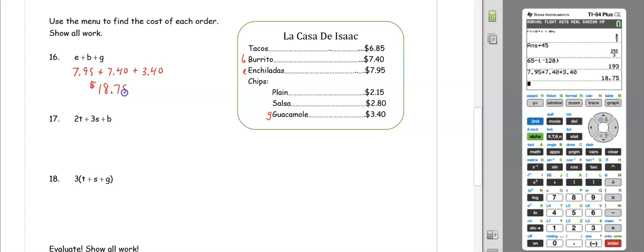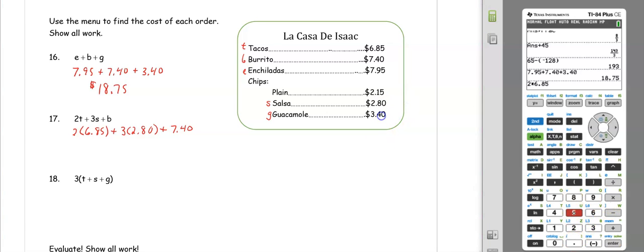In number 17, we have 2T plus 3S plus B. So T is going to stand for tacos and S is going to stand for salsa. So we have 2 tacos that are $6.85 each. We have 3 salsas, so times $2.80. And then we have a burrito, which is $7.70. So we can multiply the two that have multiple orders.